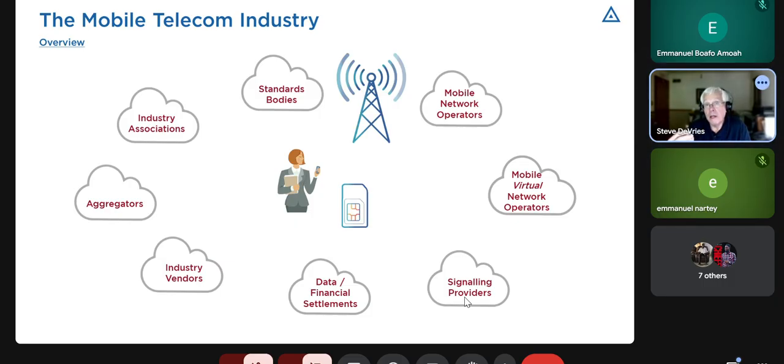When I roam, if I go to Accra and I land in there and I power my mobile phone on, I can use the network there as long as there's a roaming agreement with my home network, Verizon, and let's say MTN in Accra. I don't know if that's it, but we'll just say MTN. MTN and Verizon, they have a roaming agreement.